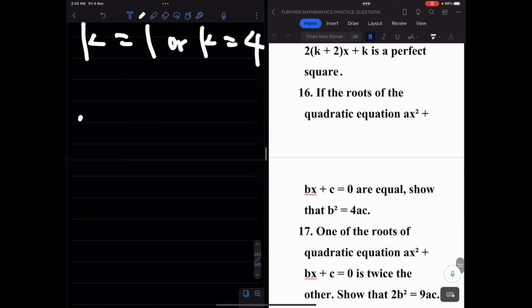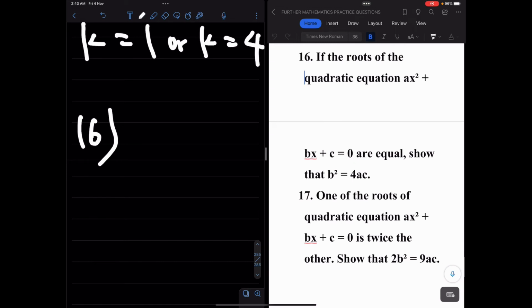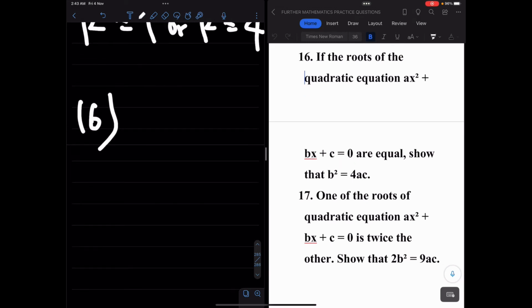Now, number 16, very quickly. If the roots of the quadratic equation ax squared plus bx plus c equals 0 are equal, show that b squared equals 4ac. First of all, let the roots be alpha and beta. If alpha and beta are the roots of the quadratic equation, and their roots are equal, that means alpha equals beta.